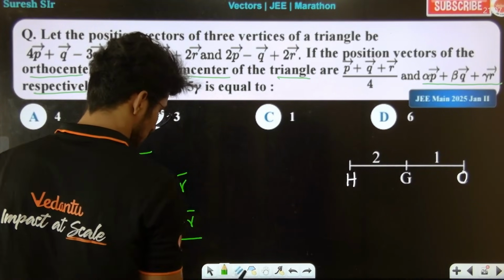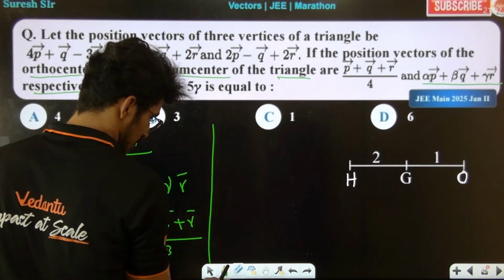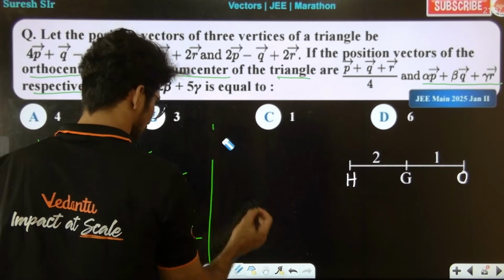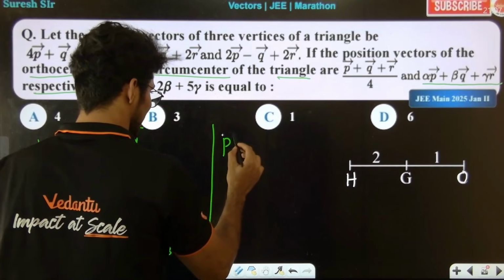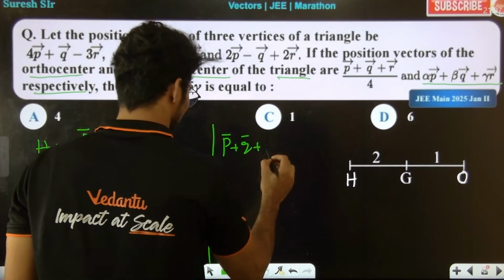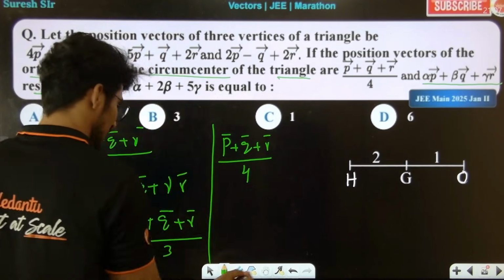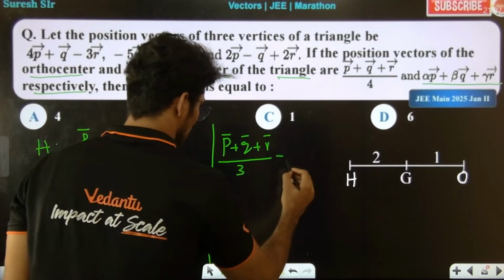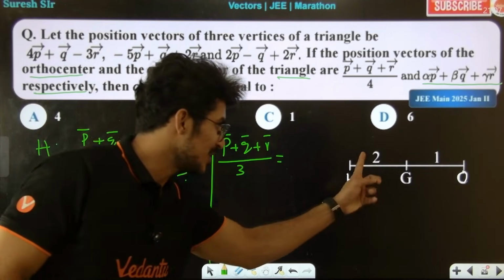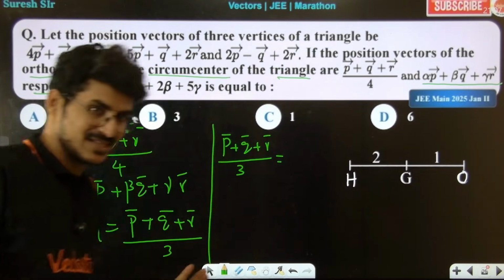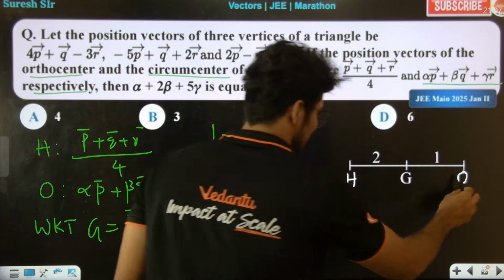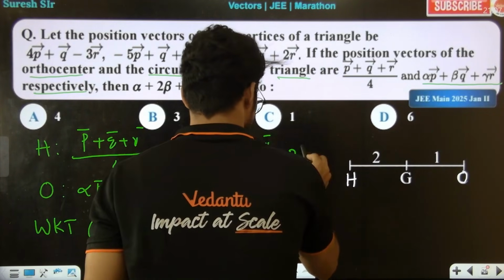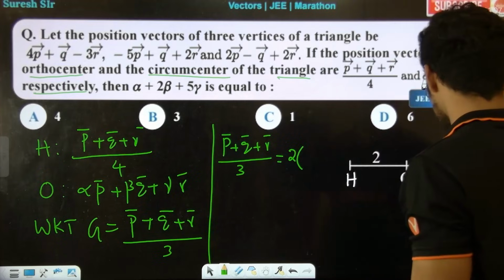PQR divided by 3 is equal to 2 times this and 1 times this, by the section formula. 2 times what? 2 times O. What is O?